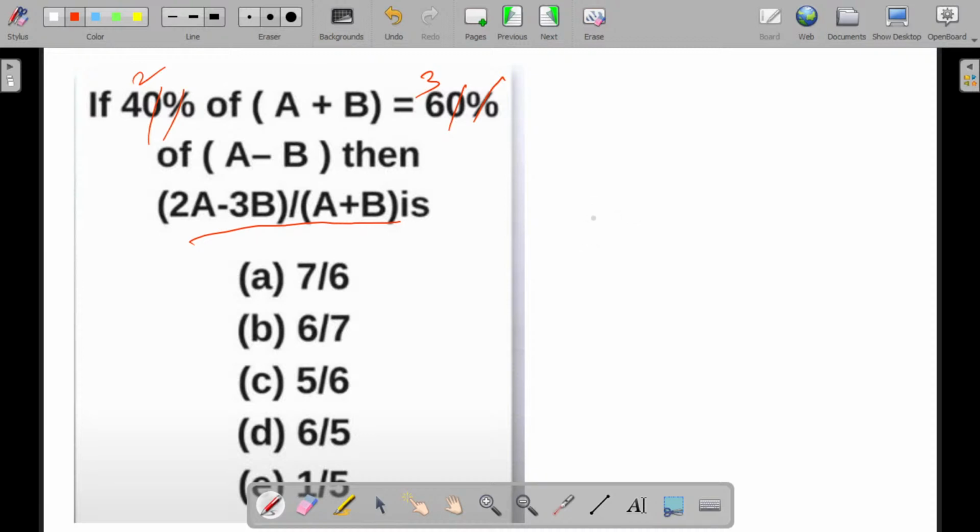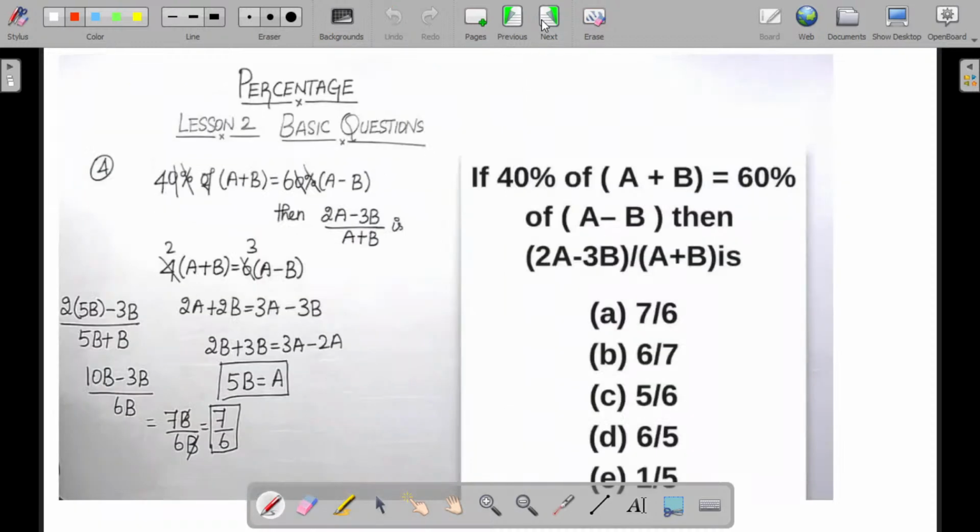So 2 of A plus B equal to 3 of A minus B, and again you do the simplification. So the answer is 7 by 6. You need to put the value and do the simplification. So the answer is 7 by 6.